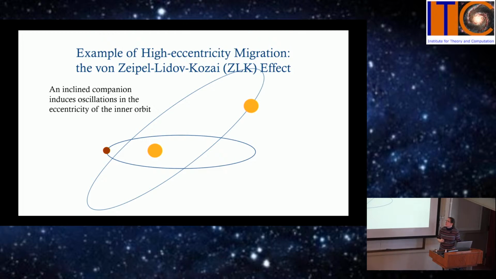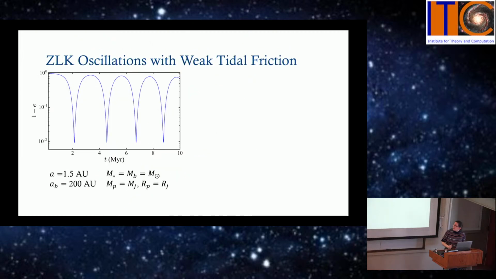Here the inclined companion is going to induce eccentricity oscillations in the orbit of the planet. And that looks something like this. Maybe a little counterintuitively, here you have 1 minus the eccentricity, so high eccentricity is toward the bottom of the plot. These oscillations happen on roughly a megayear timescale.